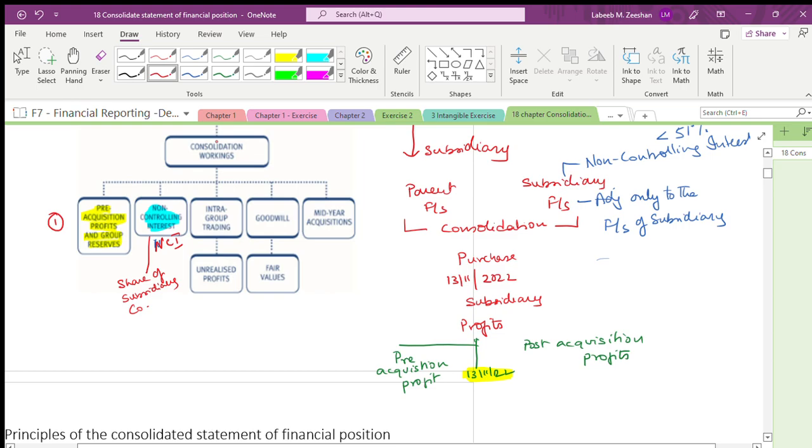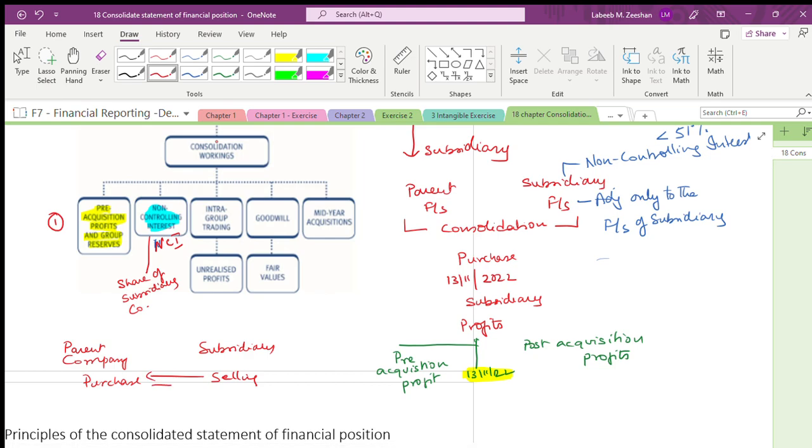In this process, there will be some transactions. I told you there is going to be intra-group trading between the parent company and the subsidiary company. There may be some purchases or sales. These people are purchasing and these people are selling, before there is an acquisition.